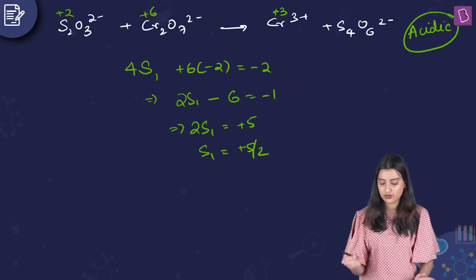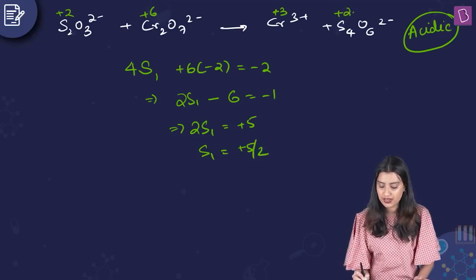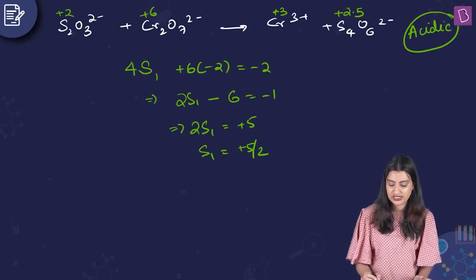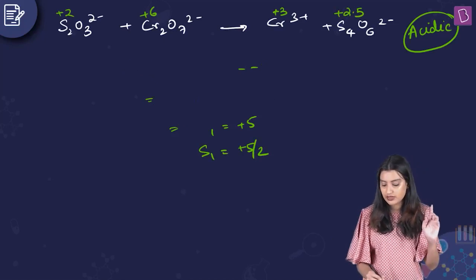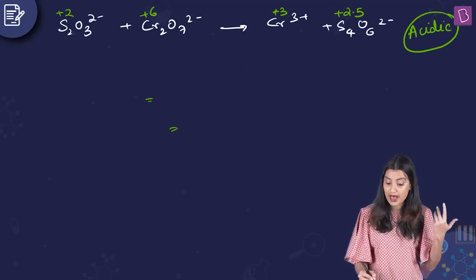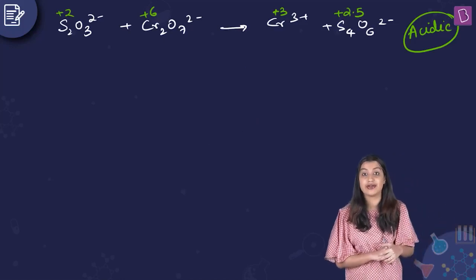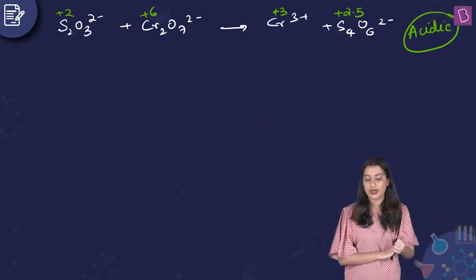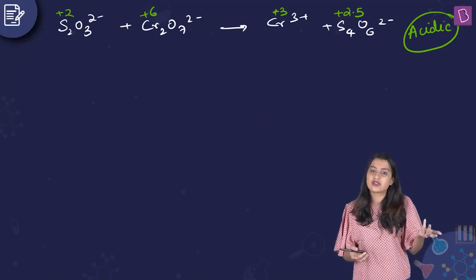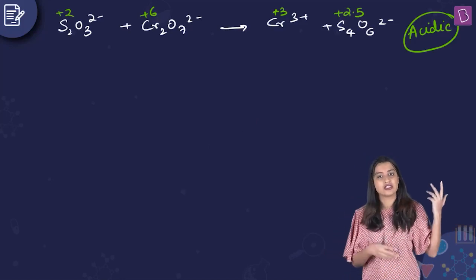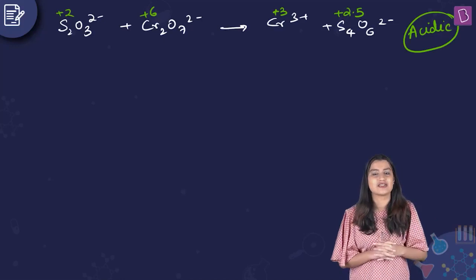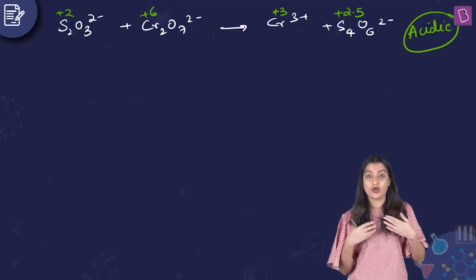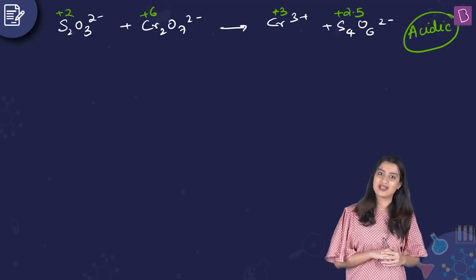That is nothing but +2.5. So here you will have +2.5 as the oxidation state of sulfur. Remember, this +2.5 is nothing but the average oxidation state of sulfur. Very important, because when you draw the structure, it is possible that one sulfur will have some oxidation state and the other will have some other oxidation state. Absolutely okay. What we care about, the average oxidation state, is +2.5.